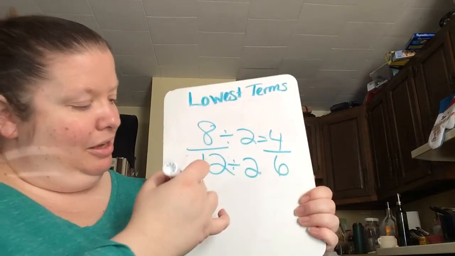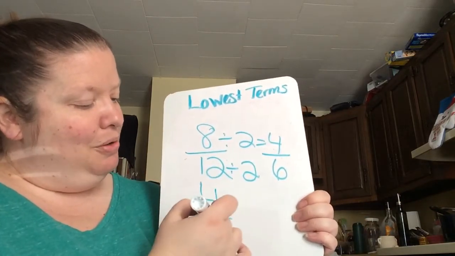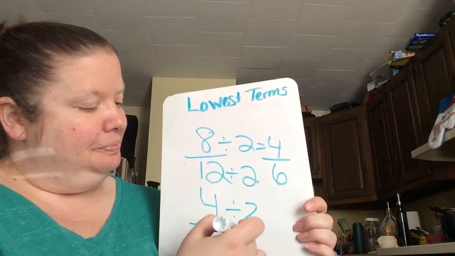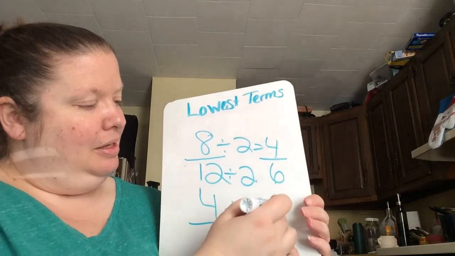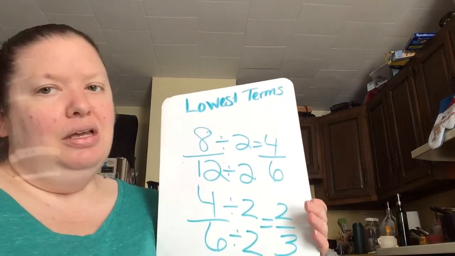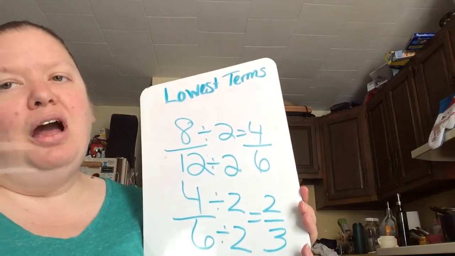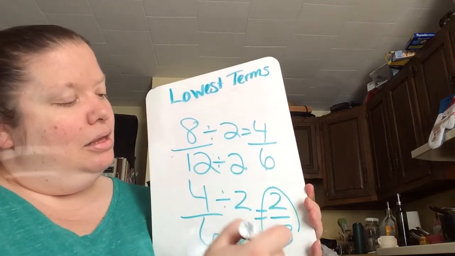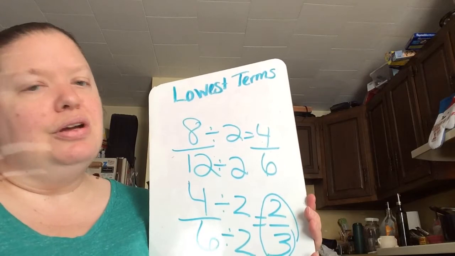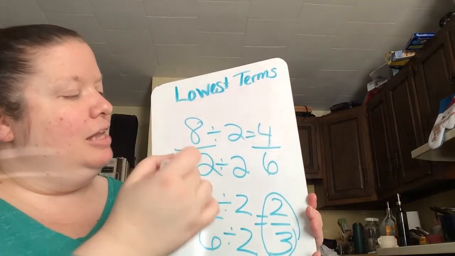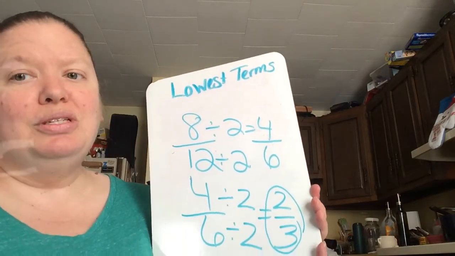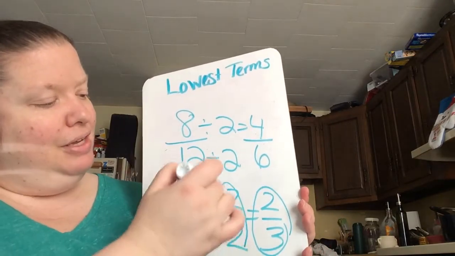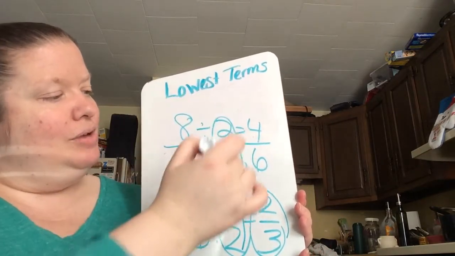But now I can look at 4/6 and say, well, those are both still even, so I can divide by 2 again. 2/3. So now 2/3 is a pretty common fraction that you'll see for lowest terms. So 2/3 is the lowest terms for 8/12, but I did it in 2 steps because I didn't find the greatest common factor.